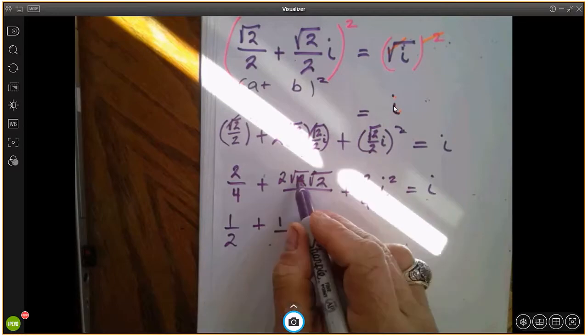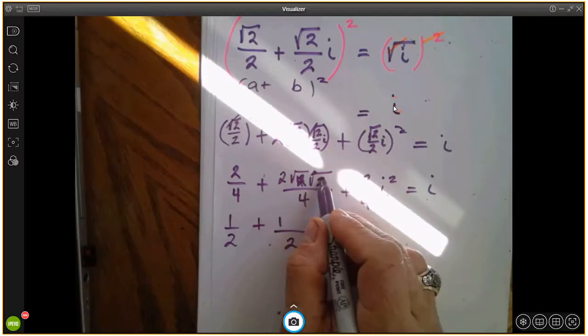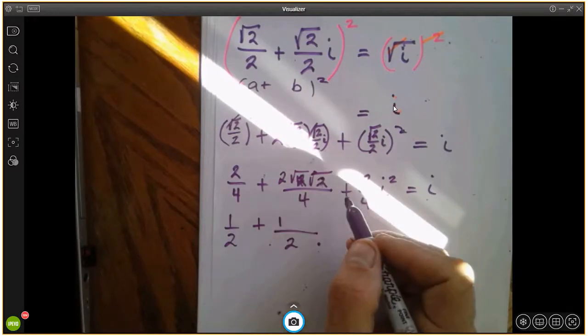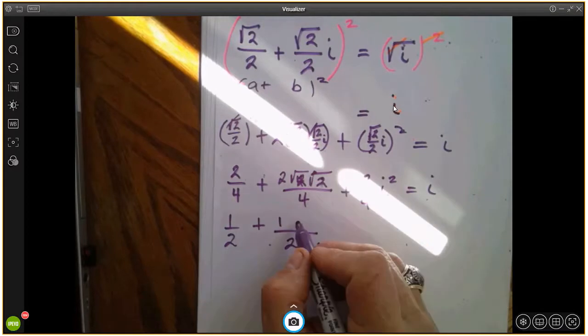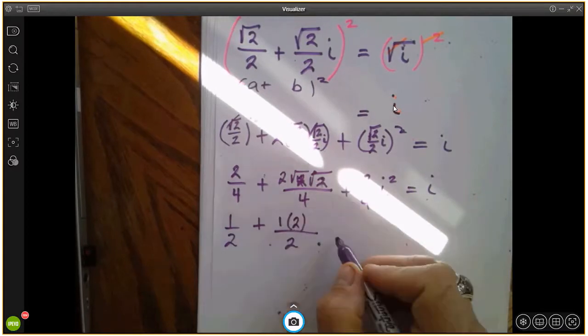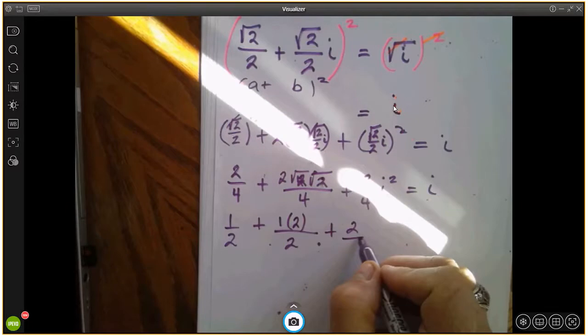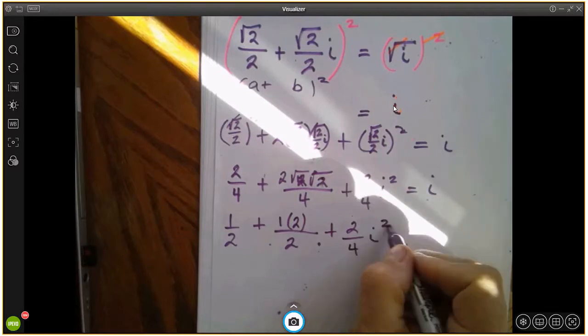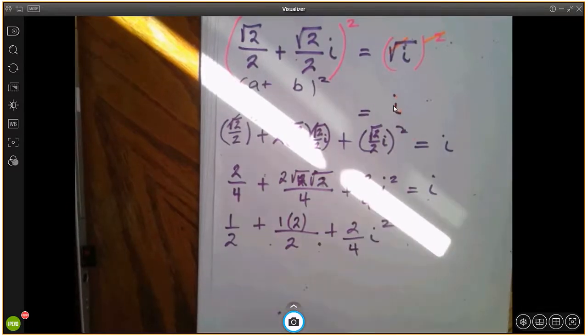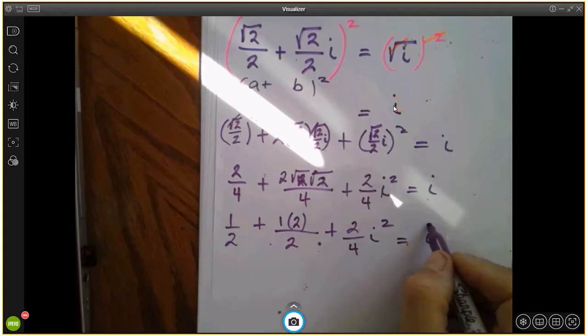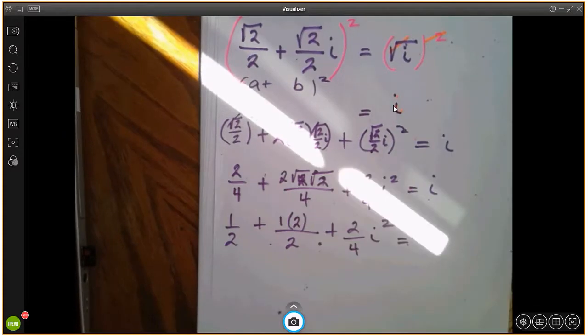And square root of 2 times square root of 2 is what? The square root of 4, Hubert. That's right. And square root of 4 is 2. Okay, and that's equal to I. And you just work the math and keep on going.